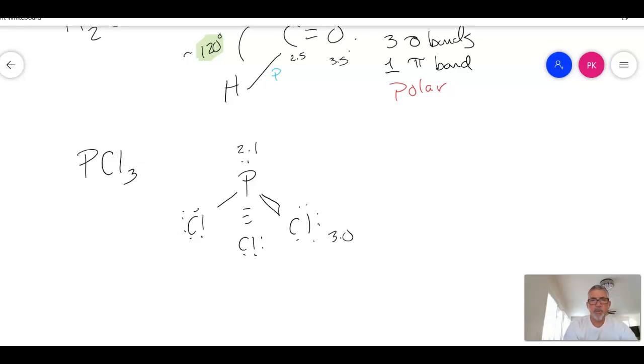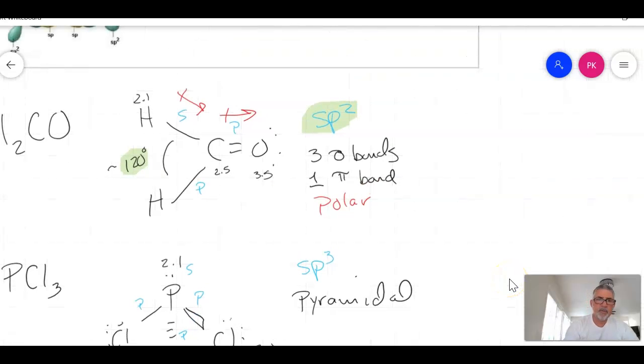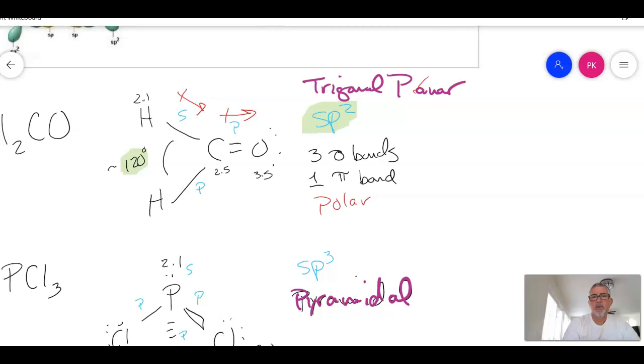Right, so if we look at this, we would get our hybridization. Remember I had an S, P. So it's sp3. We would say that this is pyramidal, right? I didn't talk to you about this one up here. This one up here was planar. Right, so this one is pyramidal.